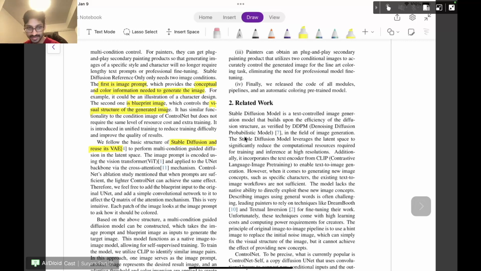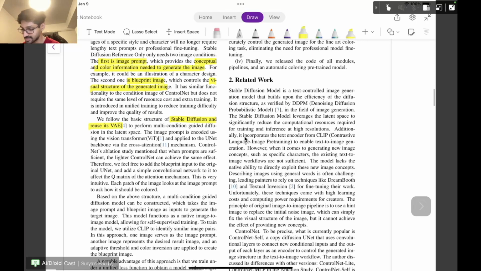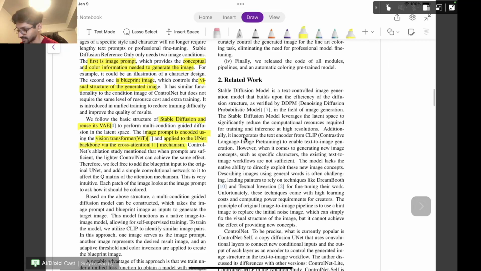So these authors are continuing to use the same VAE and the basic structure of Stable Diffusion. Specifically, the authors use a ViT to encode the image prompt, and they apply it to the UNet backbone via a cross attention mechanism.